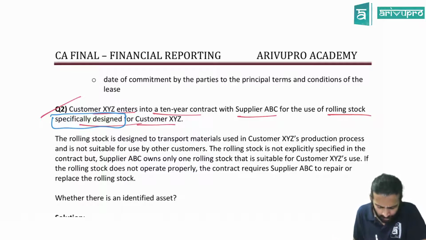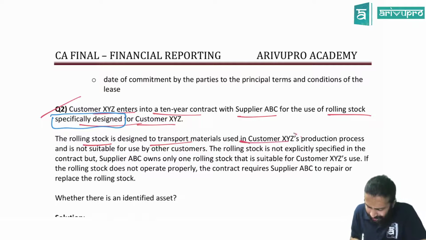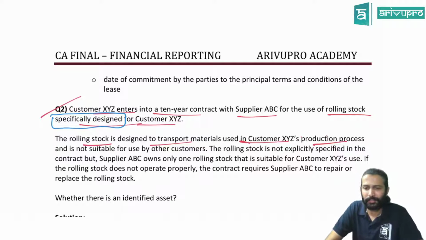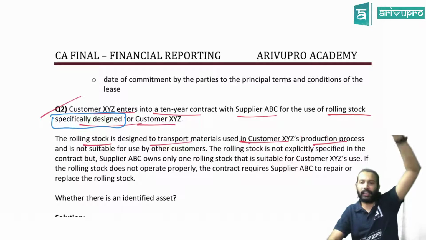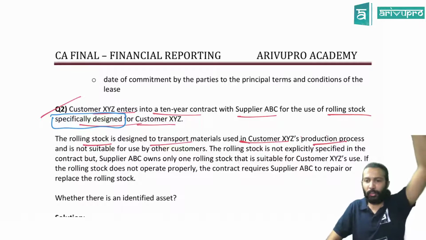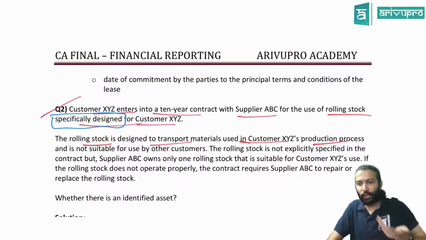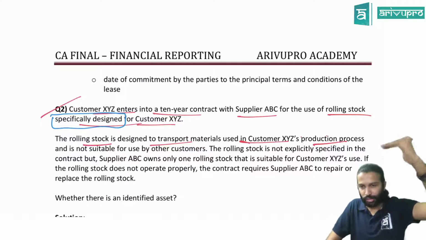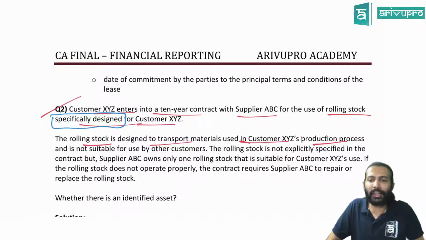Correct. Okay, let's see. The rolling stock is designed to transport the material used in XYZ's production process. Normally in big factories, you will see that they stack the product vertically, almost 20 feet, 30 feet high. They will store the product, and all these materials also, like that. But when you have to use the material, what do you have to do?